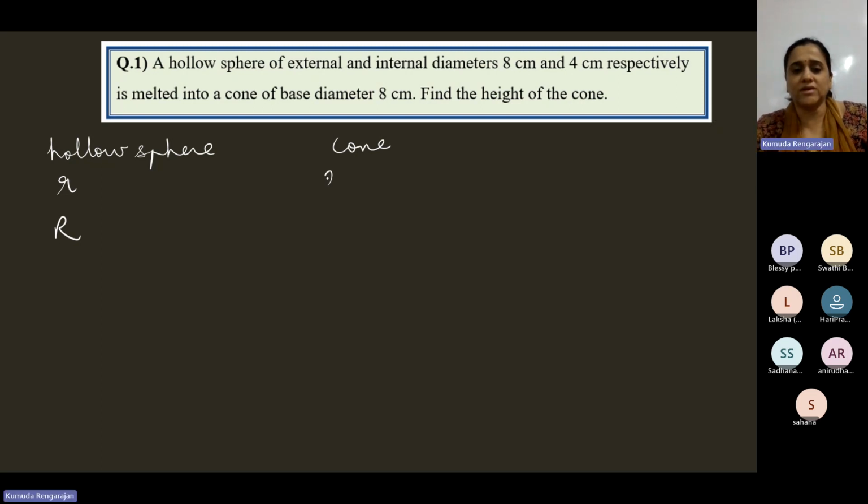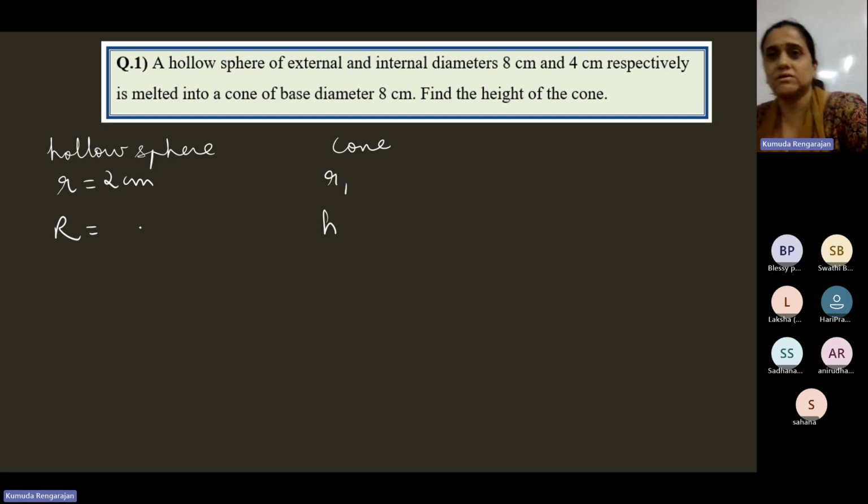Okay, so you need radius R1 and height H. Now, what is R for the, what's the internal radius? Now, close your book, Mohit. Internal diameter is 4. So, internal radius will be 2. External diameter is 8, so external radius is 4.